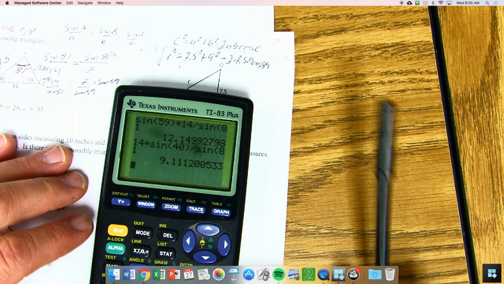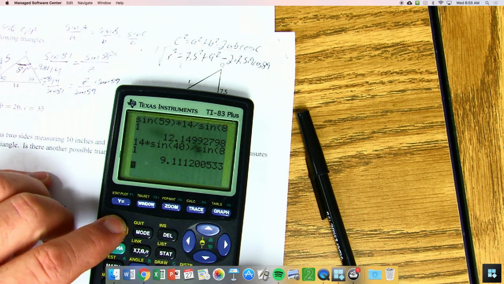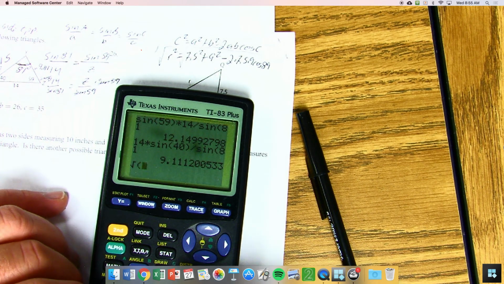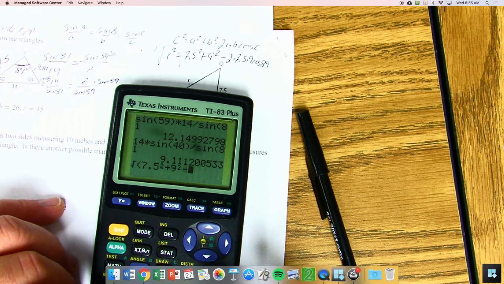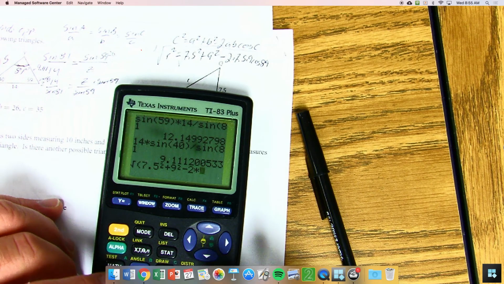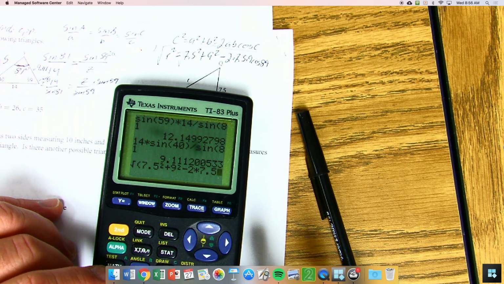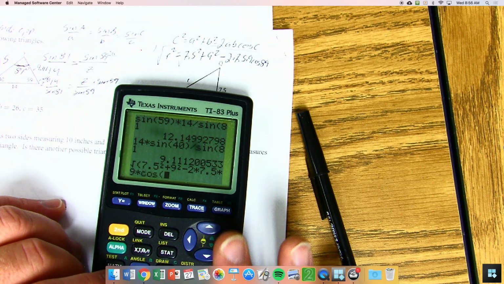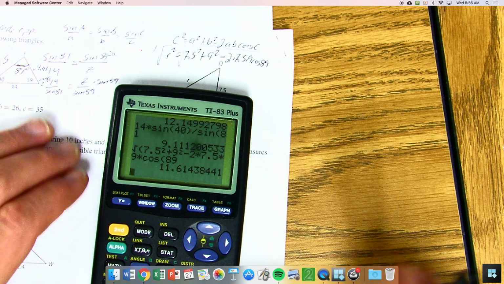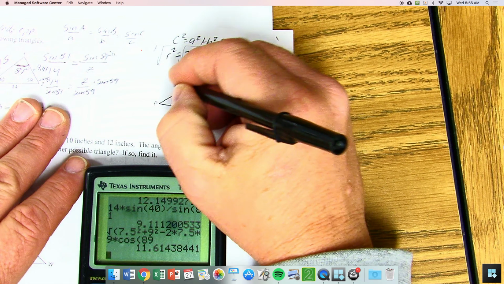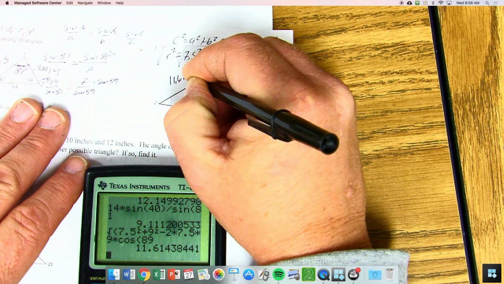I would take square root, and then I put 7.5 squared plus 9 squared minus 2 times 7.5 times 9 times the cosine of 89. Hit enter, and you get 11.614. So r is 11.614.